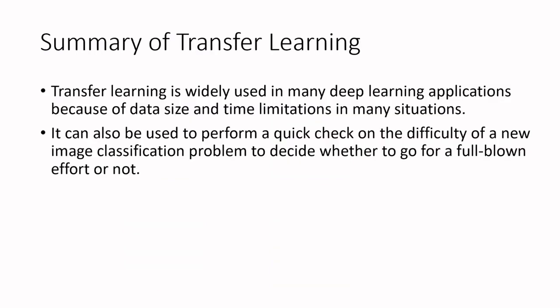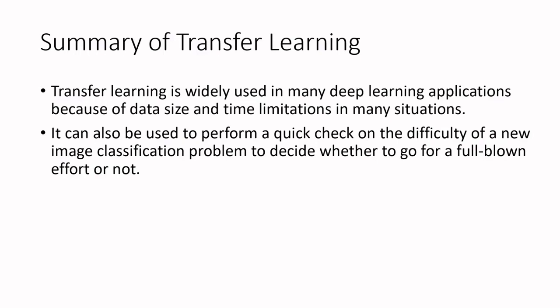So let's summarize transfer learning. Transfer learning is widely used in many deep learning applications. And the reason for that is obvious: data size and time limitations are present in many situations. To overcome those limitations, transfer learning is a nice way of dealing with them.